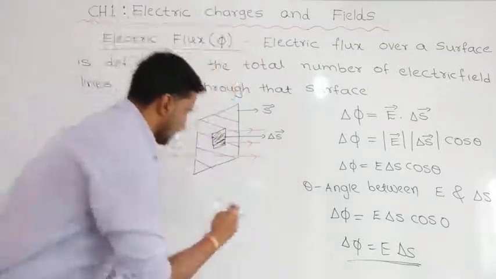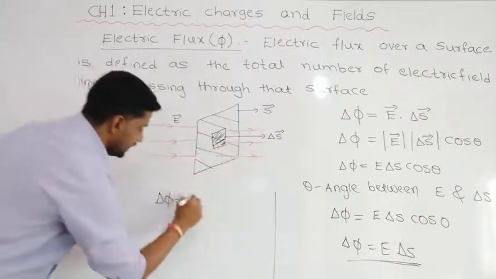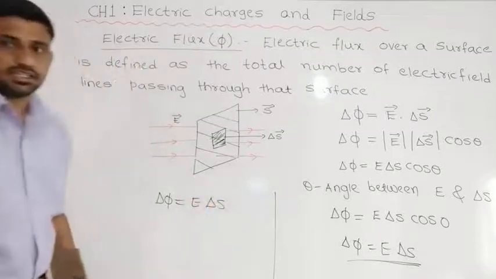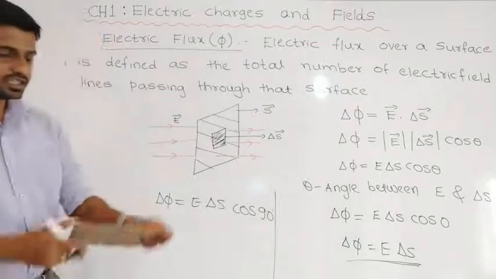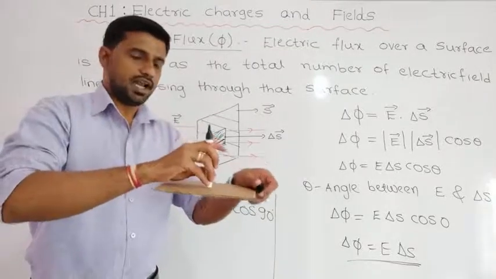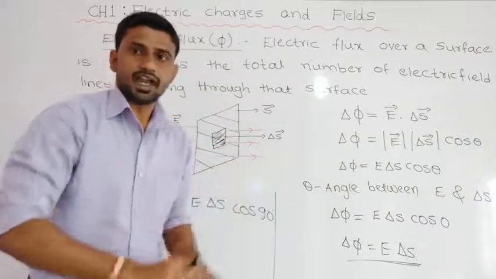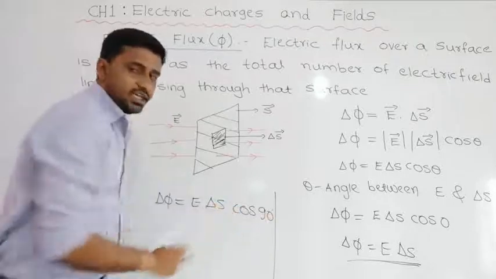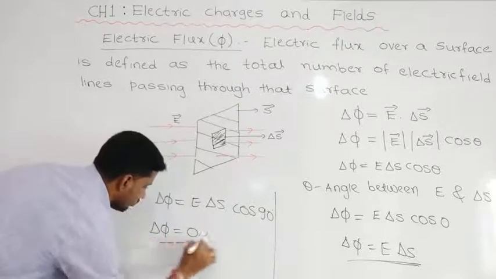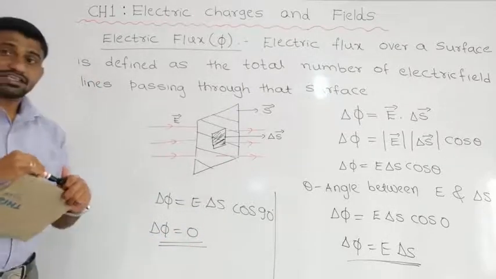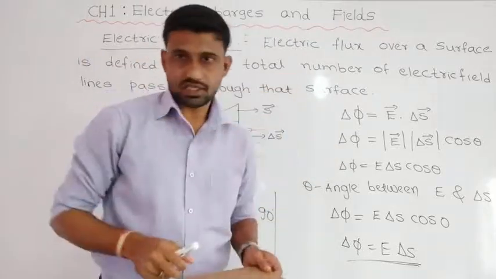In this case, I can write electric flux as delta phi is equal to E delta S cos 90 degrees. We know that cos 90 is equal to 0, so delta phi becomes 0.